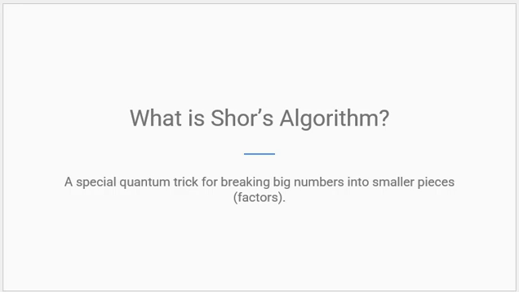So, what is Shor's algorithm and why is it a big deal? A smart person named Peter Shor came up with it in 1994. It is a special trick that lets quantum computers break big numbers into their building blocks, called factors, super quickly. So, why does this matter?